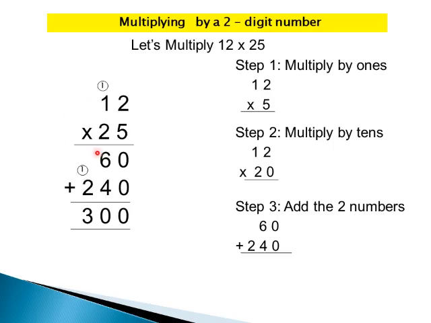We have finished multiplying the top number with the ones of the bottom number. The product of multiplying the first digit was placed on the first line. Now the product of multiplying the second digit will go in the second line. Step 2. Multiply by tens. Here 2 is in the tens place, so we have to multiply by 20.